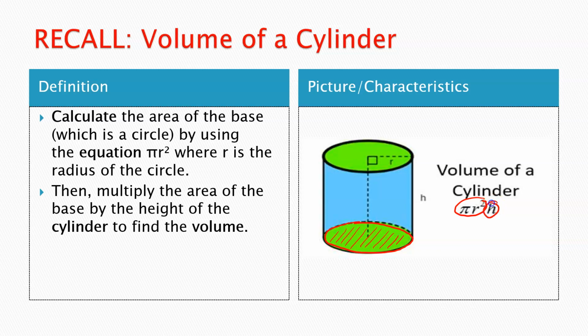Once you start multiplying it by its height, that means you're starting to stack a bunch of circles on top of each other, like stacking a bunch of Pringles. Eventually, you'll fill up that can, which we consider volume of a cylinder. That's an oversimplified explanation, but hopefully we get the idea. Stacking a bunch of circles on top of each other will create a cylinder, which is how we get volume.